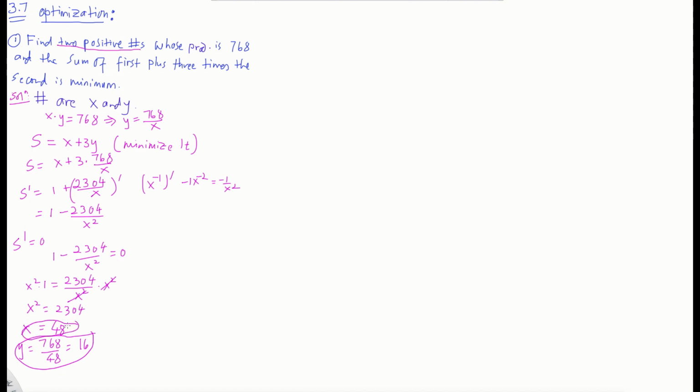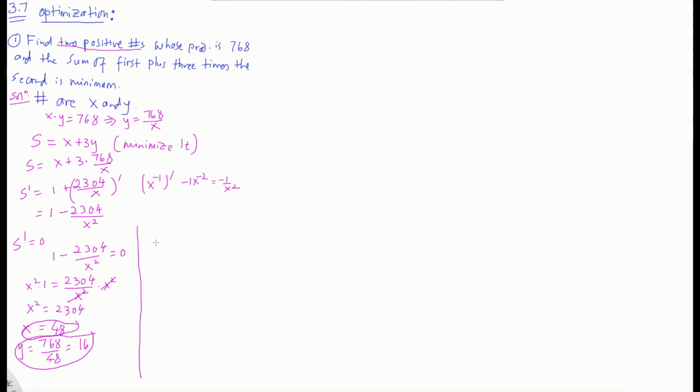But we haven't checked whether it minimizes the sum or not. We found two positive numbers, 48 and 16, whose product is 768. If you multiply these two, you'll get 768, and the sum of the first plus 3 times the second is minimum. We need to check for the minimum.